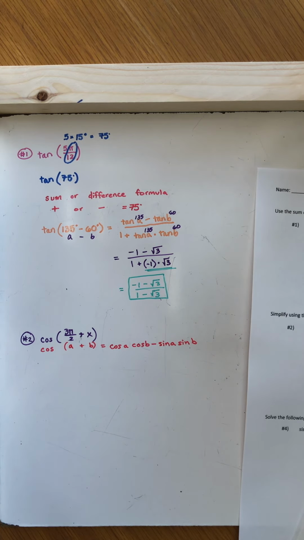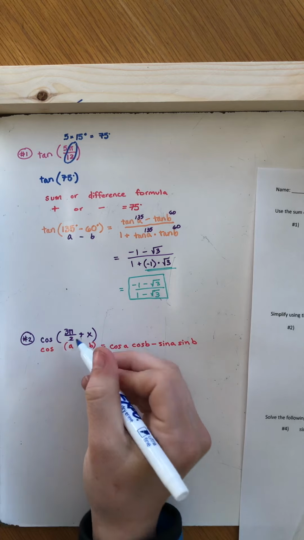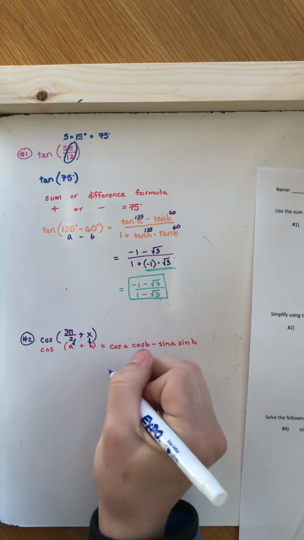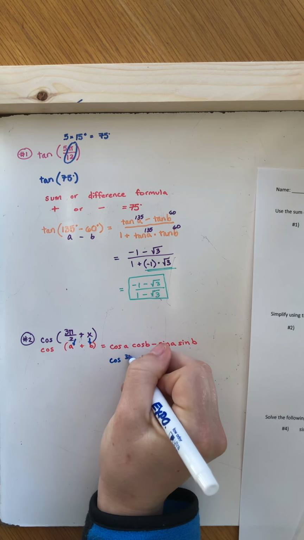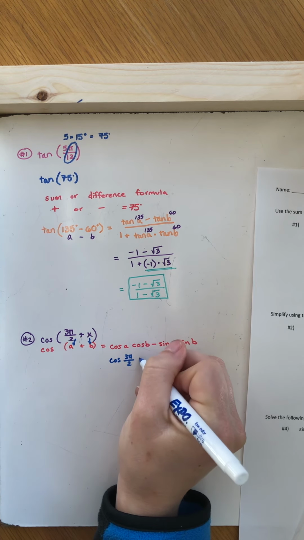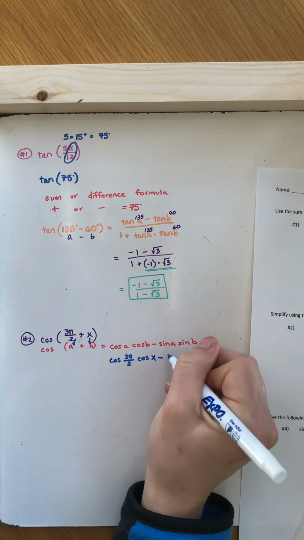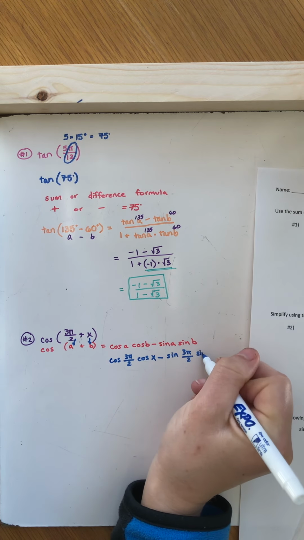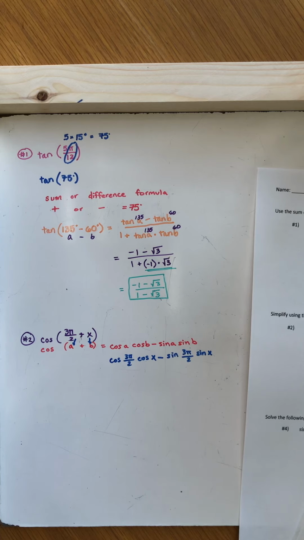So now we are going to fill in the A's and B's. A is 3 pi over 2, and B is x. Then we can't figure out what the cosine of x is or what the sine of x is.